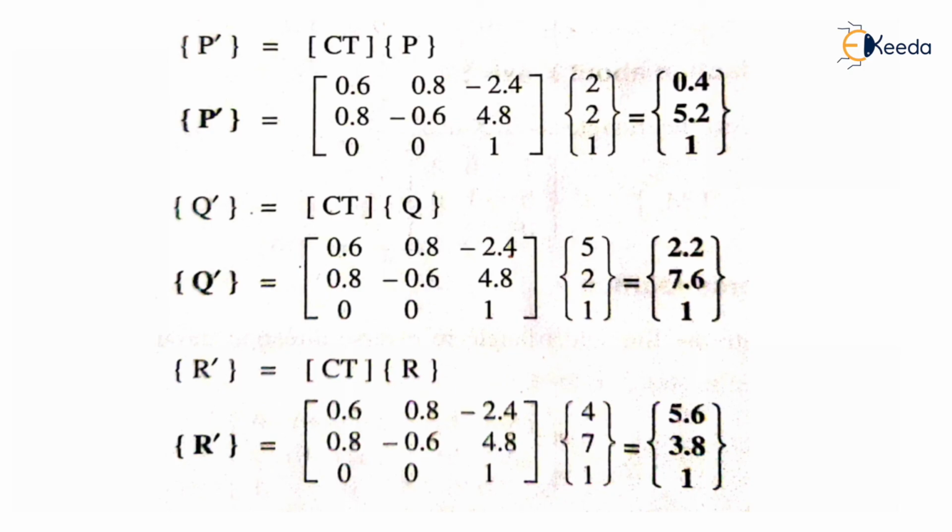Or we can directly combine them as in the previous one. If you solve separately, we get the direct values of P dash, Q dash, R dash, which are the new coordinates of the triangle reflected about that line. Thank you so much. Hope you understood very well.